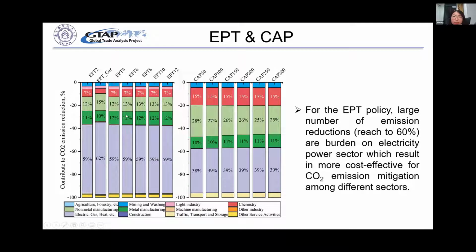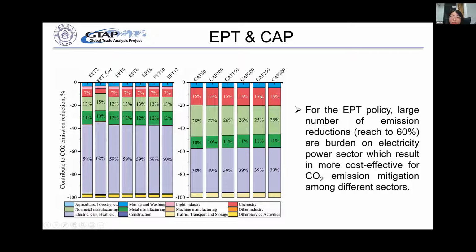This is because for the environmental protection tax, a large share of the emission reductions is borne by the electricity power sector, and the electricity power sector is more cost effective compared to other sectors. But for the carbon pricing, in addition to the electricity power sector, this policy also has a large impact on other sectors, for example the non-metal manufacturing sector and the chemistry sector.